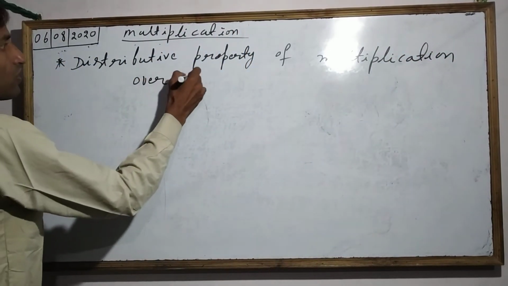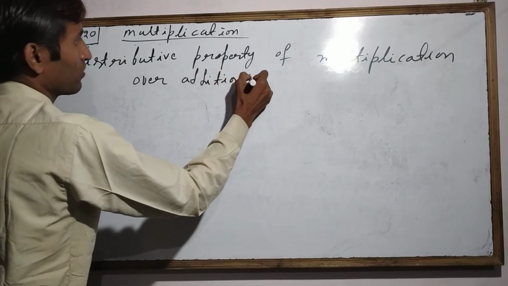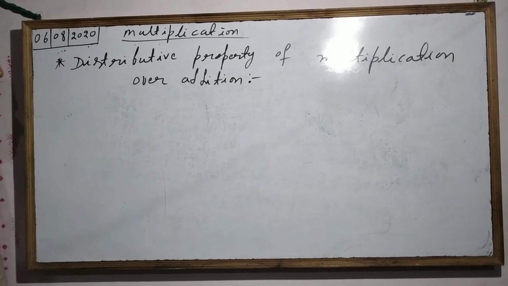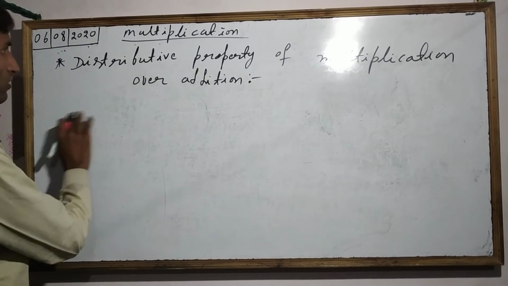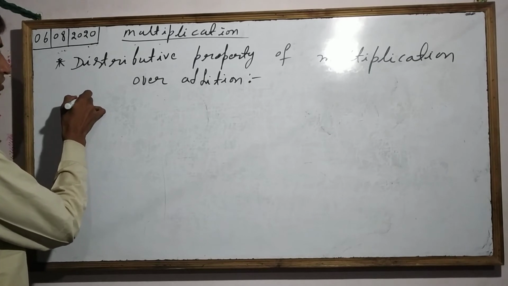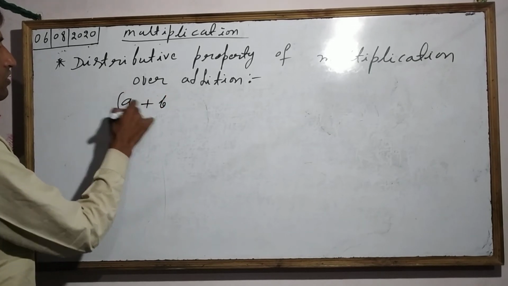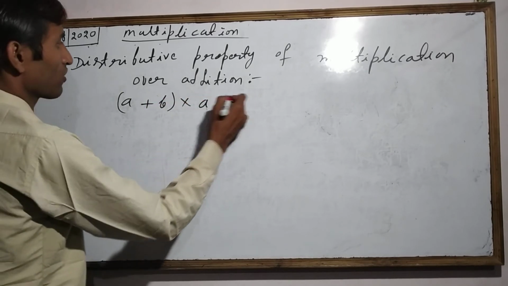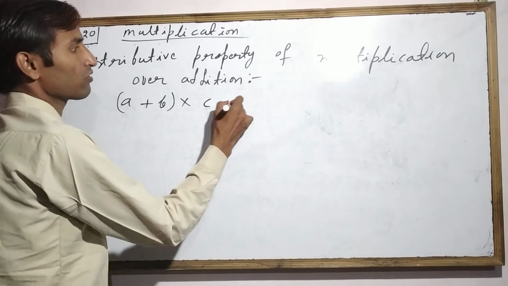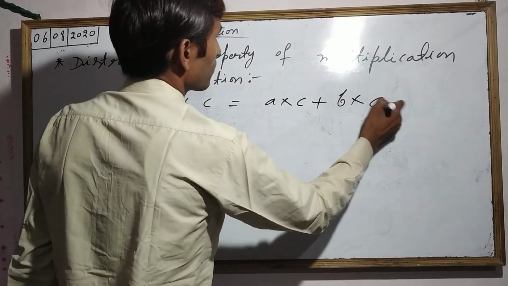In this, first, just like this, a plus b into c is equal to a into c plus b into c.